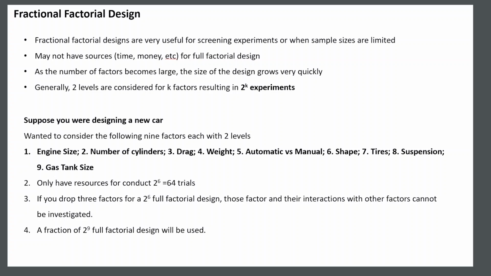The 9 factors can be engine size, number of cylinders, the amount of drag which the car experiences, the weight of the vehicle, whether the transmission is automatic or manual, the shape of the car, the tire size and suspension configuration, gas tank size, everything. So these are the 9 factors. If I want to analyze all these factors, then I have to do 2 to the power 9 experiments, which is 512.